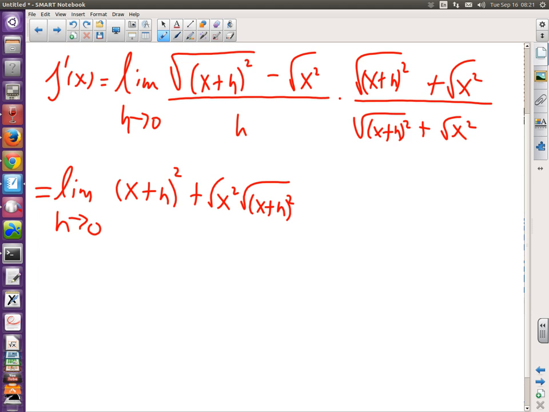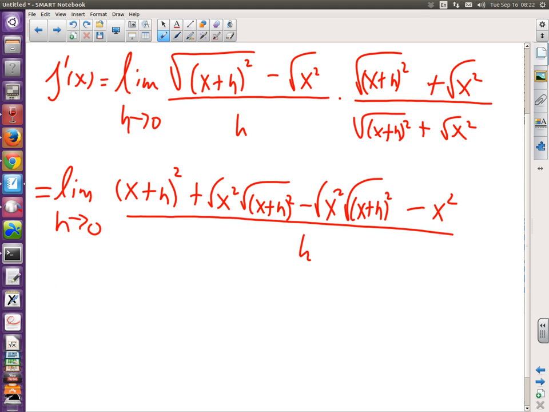Inner times inner: the same thing, just written backwards, with a negative, so they cancel. Those are the only radicals that would be left. And last times last, negative x squared. So all the radical stuff cancels, all over h. So that's the limit.